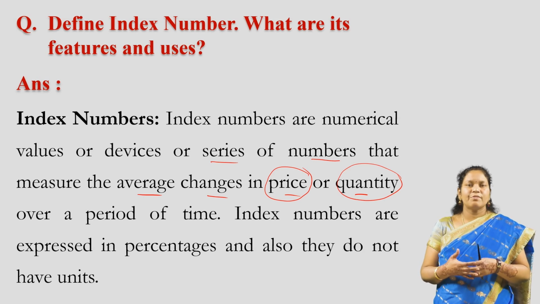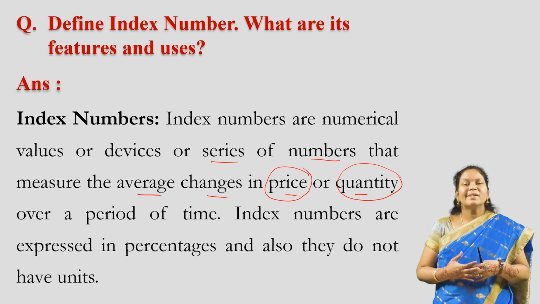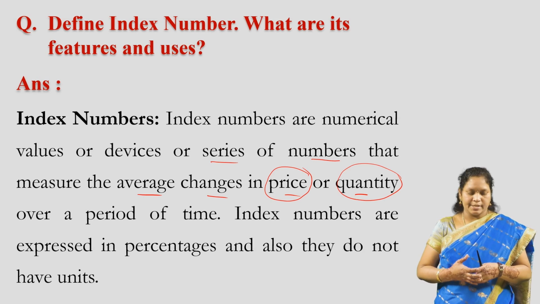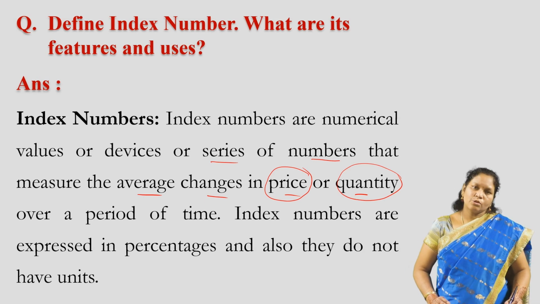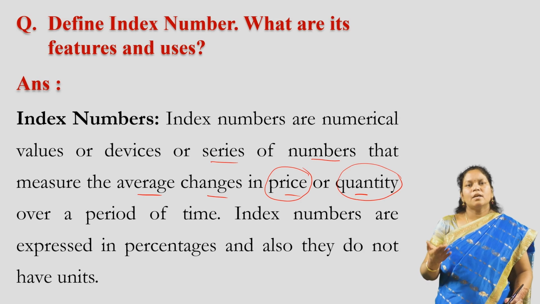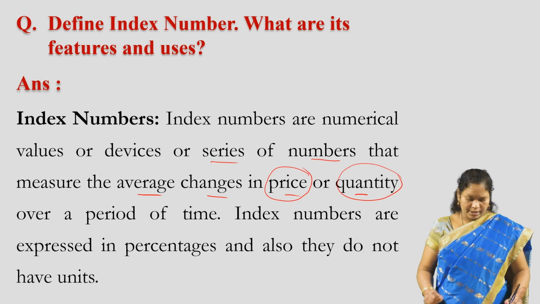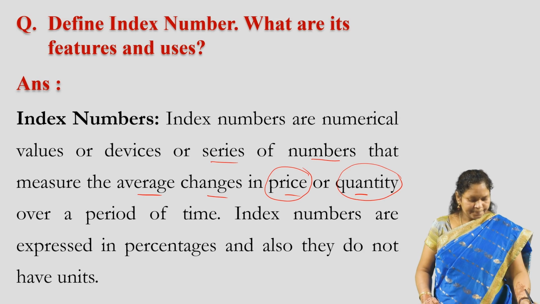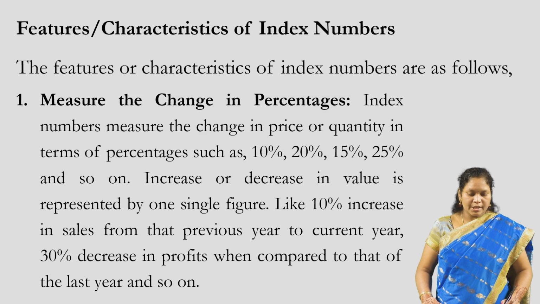So how we have to deal with that, all we'll be learning in this unit. So index numbers are all about price and quantities, and all that we'll consider as some averages. So again that is mean, but in terms of averages for price and quantities we'll be learning in this unit. So that is your definition. All the percentages we'll be getting here. So let us check it out.